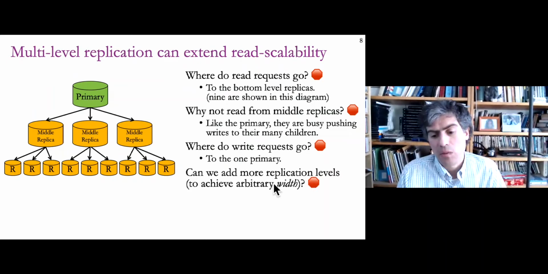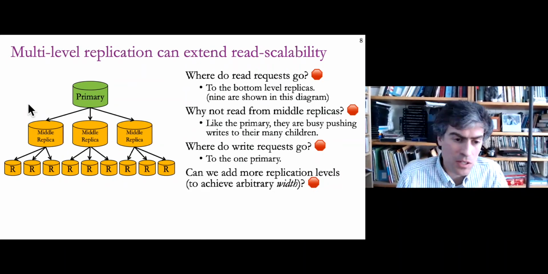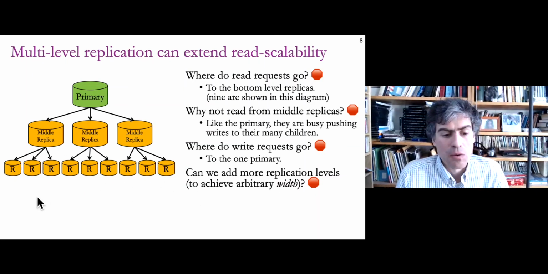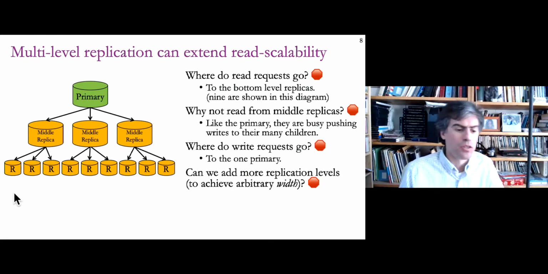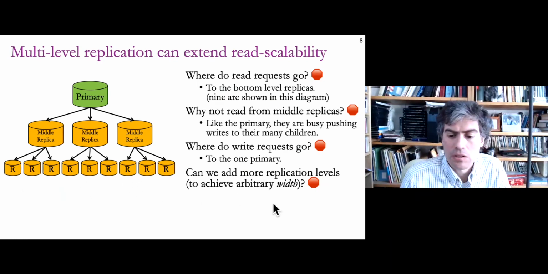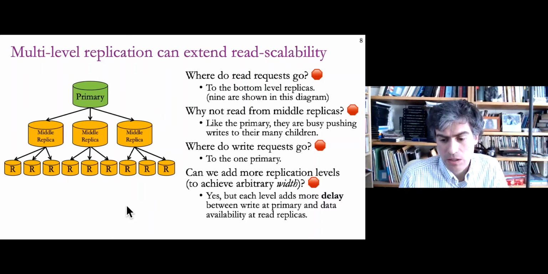Now, finally, can we add more replication levels to the system? So here, this has 3 levels. Can we add more levels to get more scalability, to handle more reads, let's say? Would that allow us to achieve an arbitrary number of read replicas by adding more levels? Well, yes, you could do that.